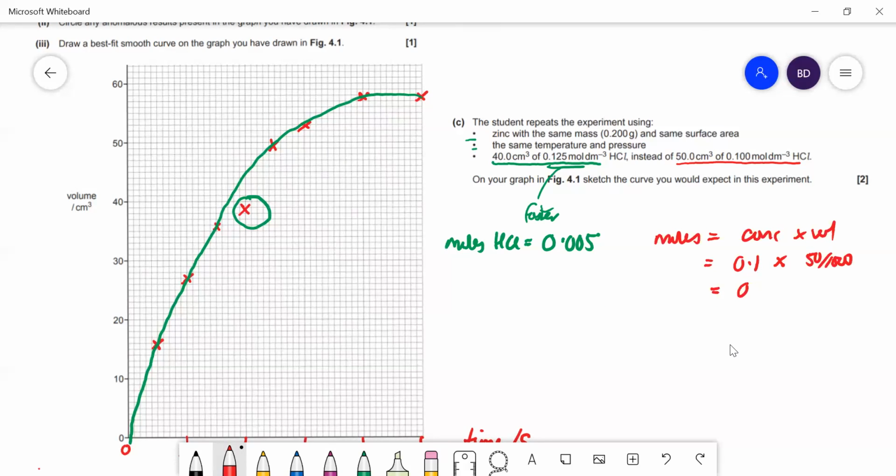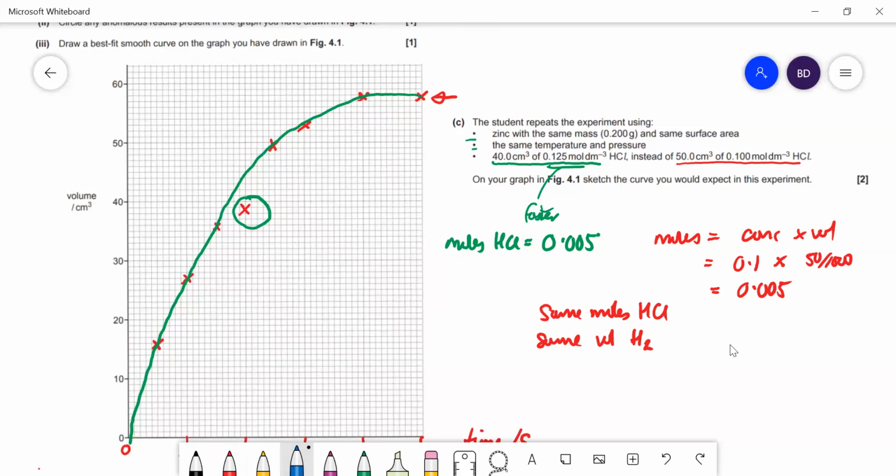Of course, that's the same because you've got the same moles of HCl. So that means we are going to get the same volume of hydrogen gas produced. So it's going to level out at the same point. So the two things we need to do: we need our curve to be steeper because the reaction is faster, but we want it to level out at the same point.